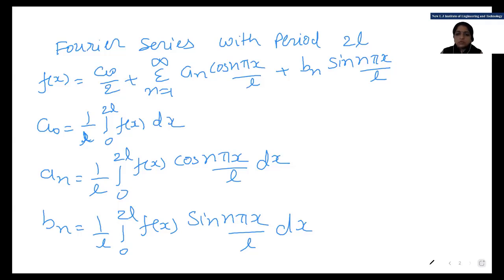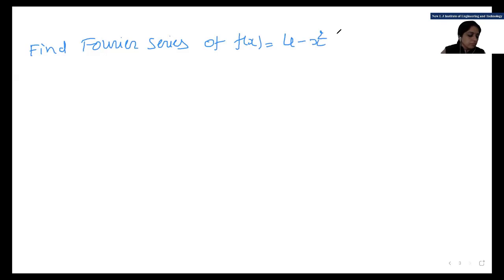So we'll move on to the example. Okay, so our first question is: find the Fourier series of f of x is equal to 4 minus x square in the interval 0 to 2.